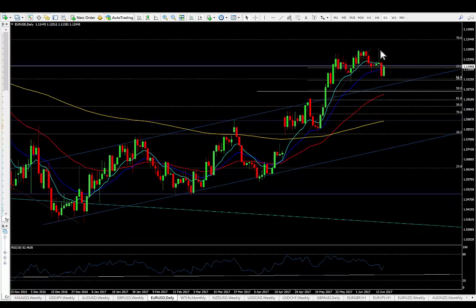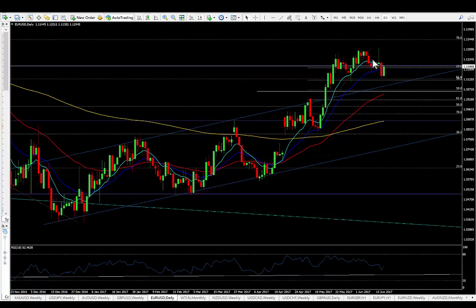Incidentally, I would just like you to take notice of the fact that we've got a high here, a slightly higher high, and a higher high here, which is not actually replicated down here on the RSI. So we have got negative divergence. We're making slightly higher highs here at the top of this move, but on here we don't have the momentum underlying that.